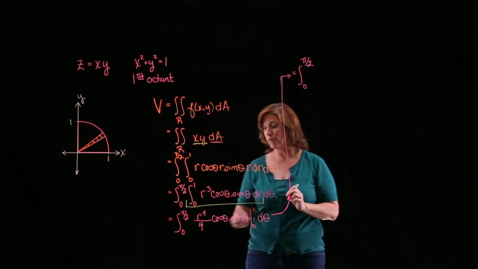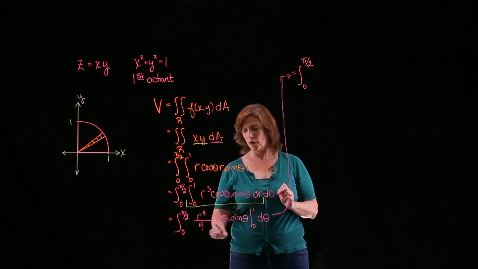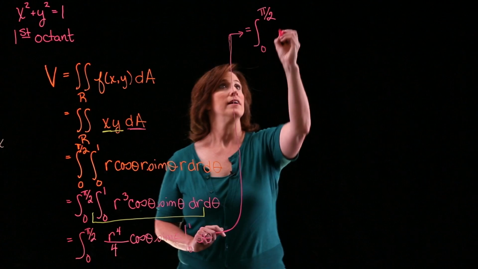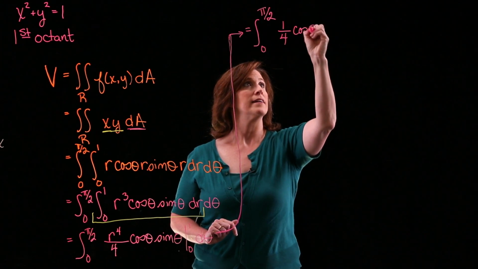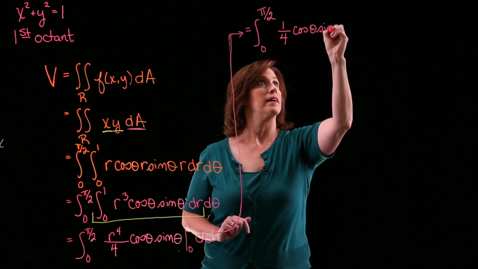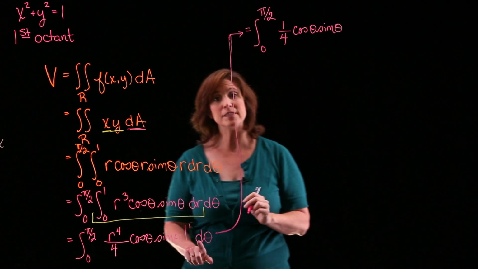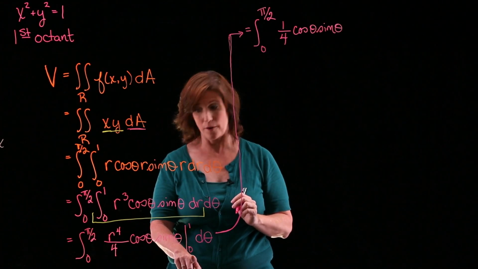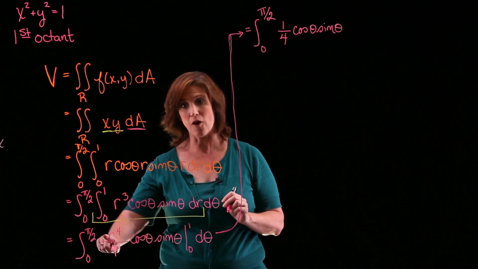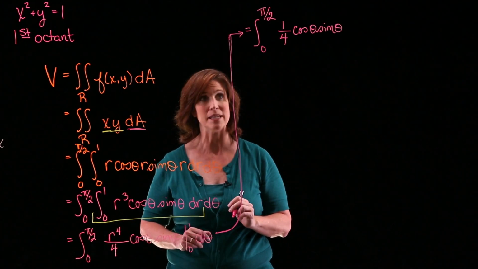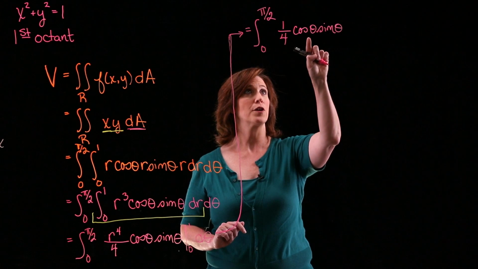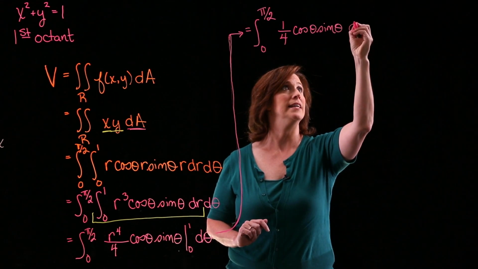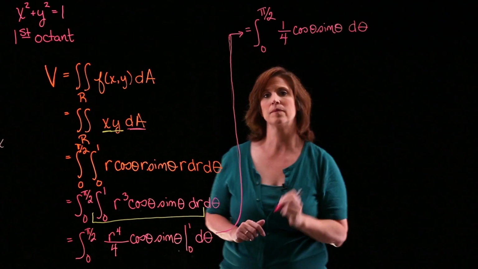Plugging in 1 for the r values, I'll have 1/4 cosine theta sine theta. Then I have to subtract what happens when I plug a 0 in for the r. But when I plug 0 in for r, that's going to make that entire term 0. So that piece goes away, and I'm just left with the 1/4 cosine theta sine theta d theta.